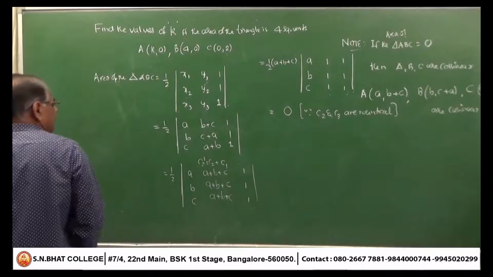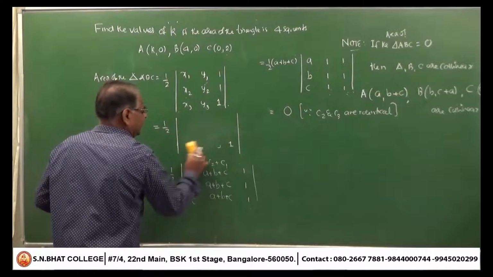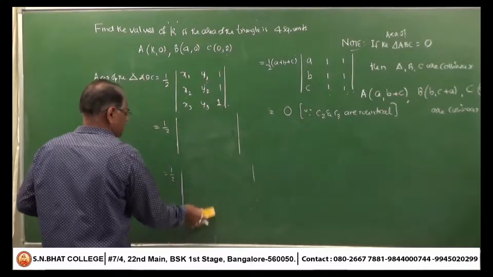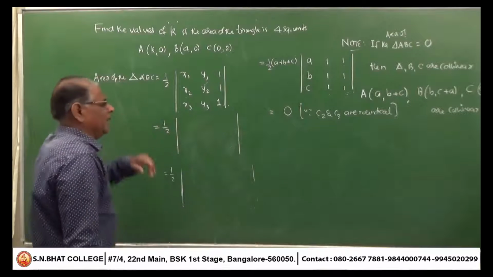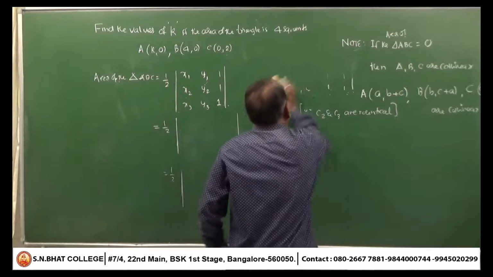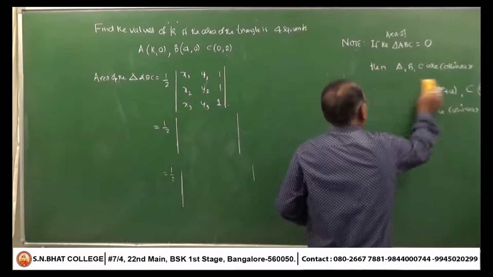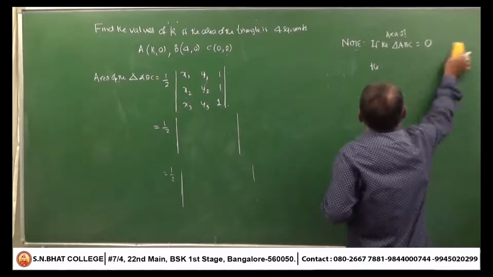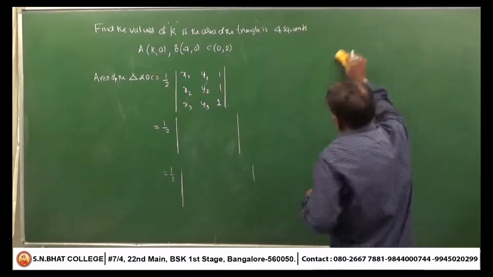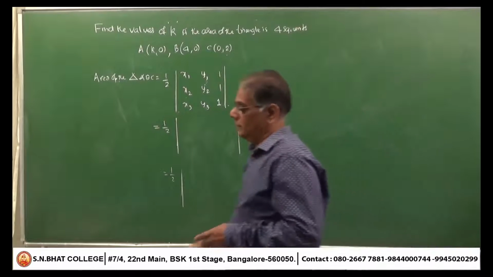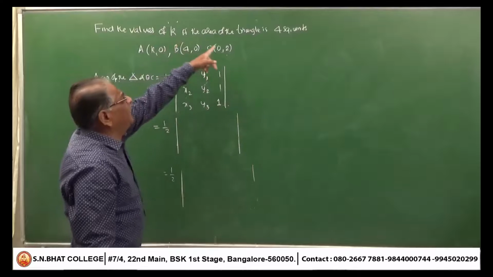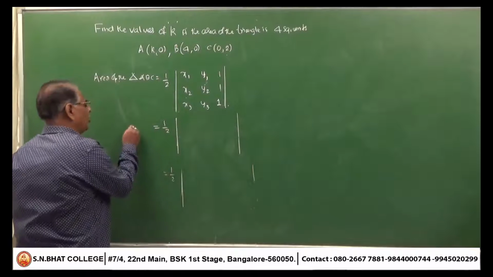Write the formula. Area of the triangle ABC is half into the determinant of x1, y1, 1, x2, y2, 1, x3, y3, 1. In the problem, the area of the triangle is given to be 4.